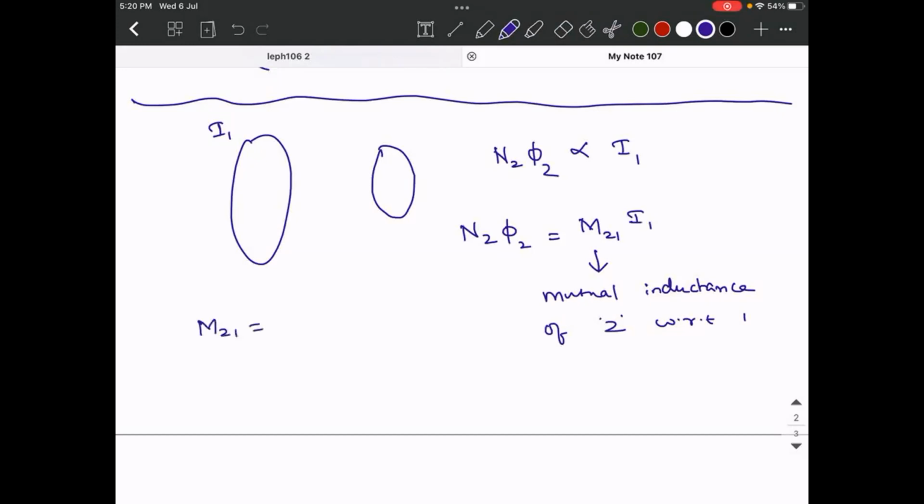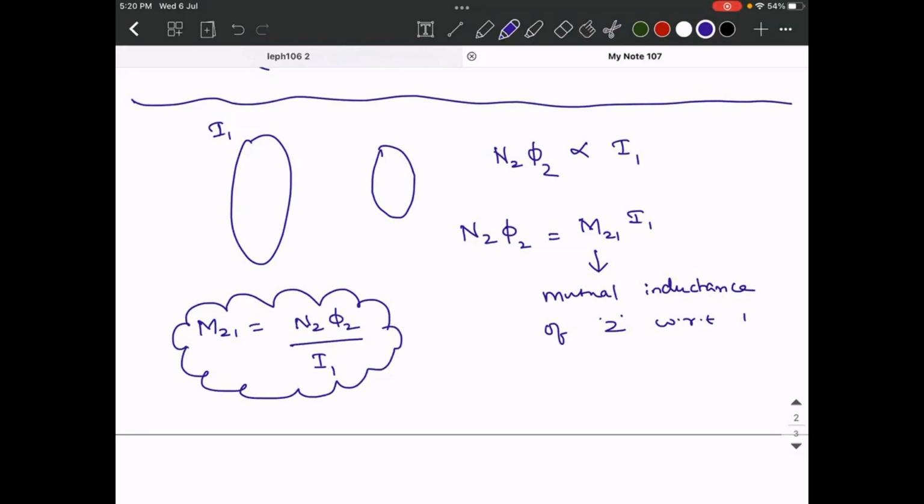So M21 is equal to N2φ2 divided by I1. So what is going to be the SI unit for it? It's the same thing again as that of self-inductance, it is Henry.